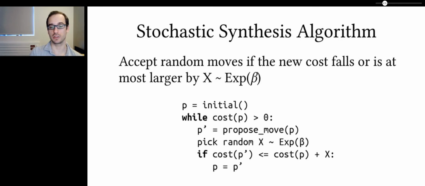And we also are going to accept if the new cost is at most this amount X larger than the current cost. And this X factor is going to be drawn from an exponential distribution on each iteration. And the idea here is to prevent us from getting stuck in local minima of the cost function.